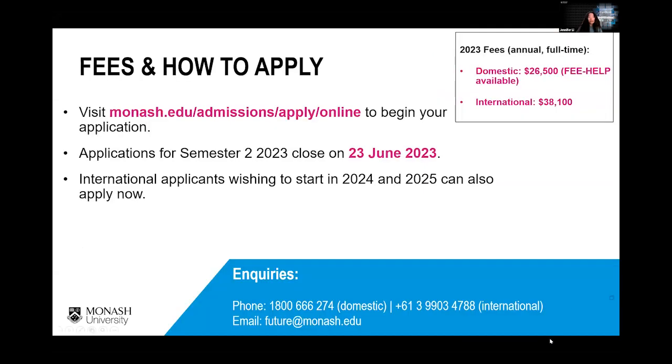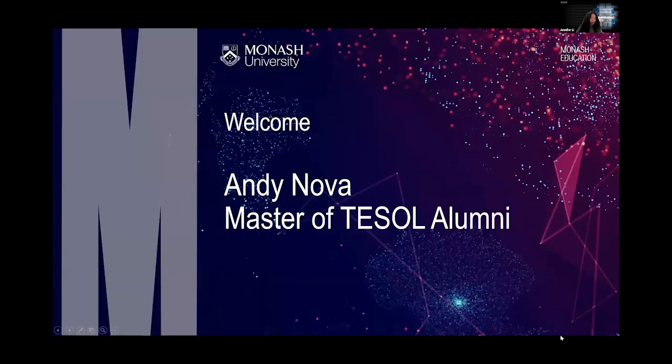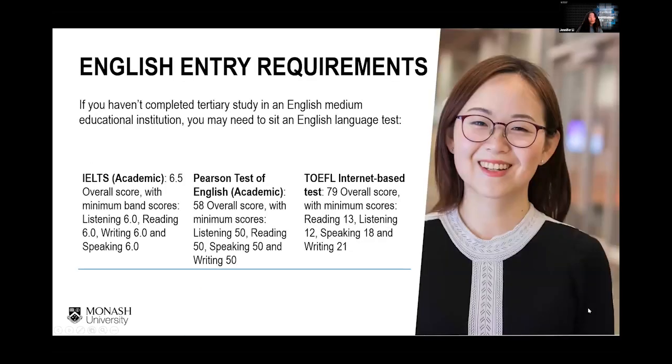If you're using IELTS, you will need an overall score of 6.5 with no band lower than 6.0. If you have any difficulties meeting these requirements, you could complete a Monash English language course delivered through our Monash College. The duration of the English course will be determined when you submit your English language test results.